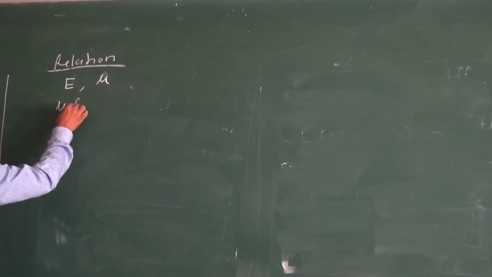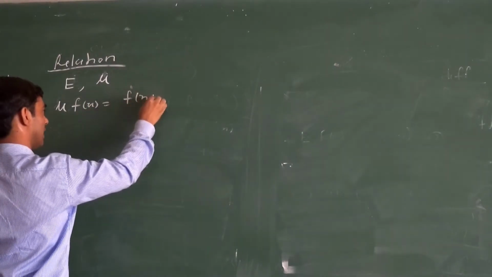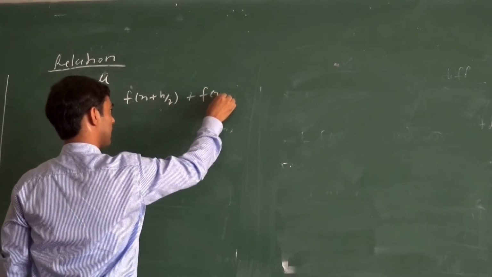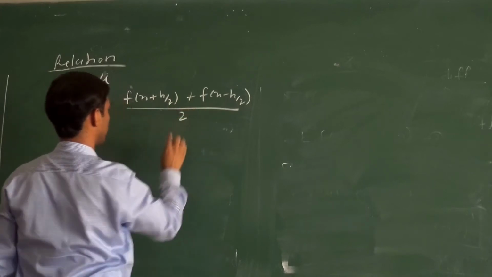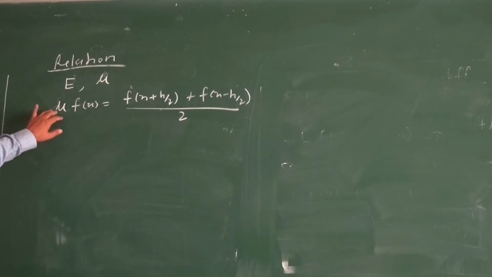Mu of f(x) equals f(x plus h by 2) plus f(x minus h by 2), divided by 2. So this one is similar to the central difference operator.